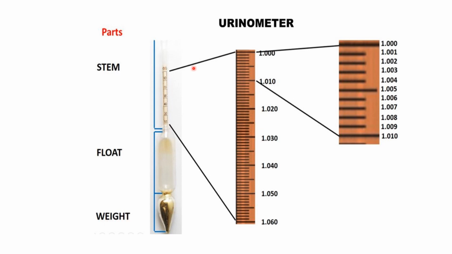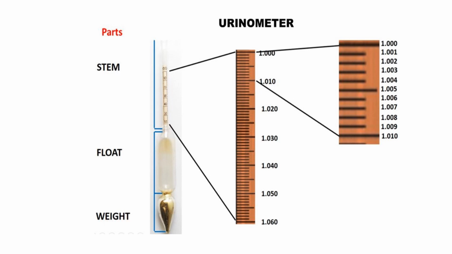So here the values are written as per the specific gravity: 1.000 to 1.060, and the in-between calibrations are also mentioned so that the specific gravity can be easily read.